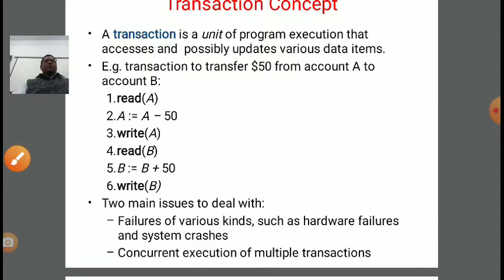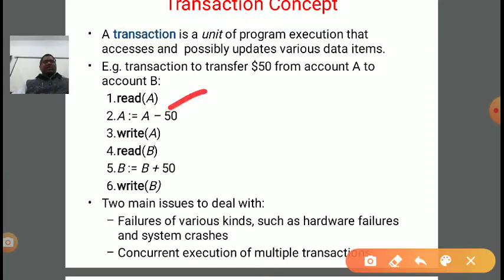First I need to access account A in order to debit the amount from account A. So the first step is read of A. After that I have to deduct $50 from A.